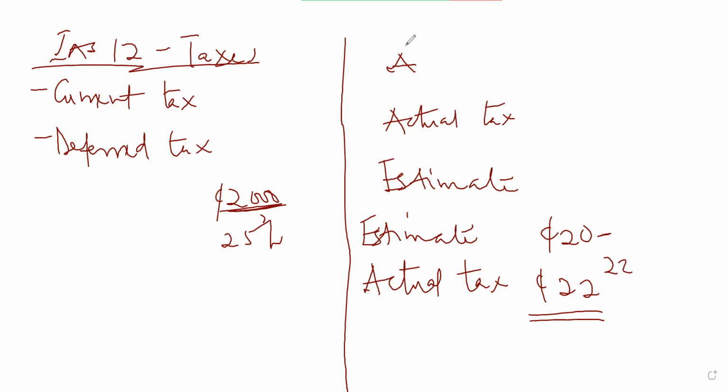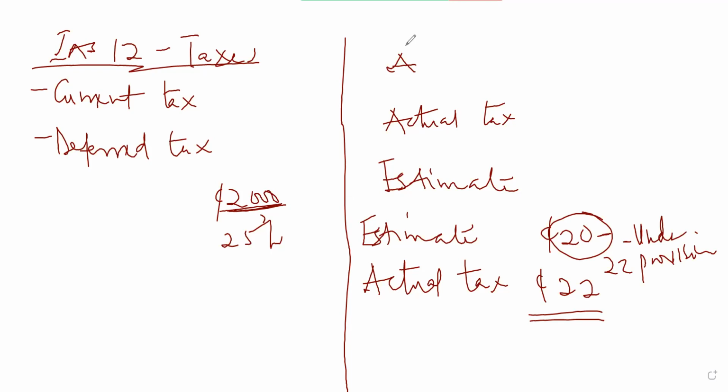Yes. But we have charged 20. It means that we undercharged our tax liability or our current tax. So if there's a situation like this, we call it under provision. If the actual tax is higher than the estimate, then we say the company has underprovided for their tax liability. So we call this one under provision.